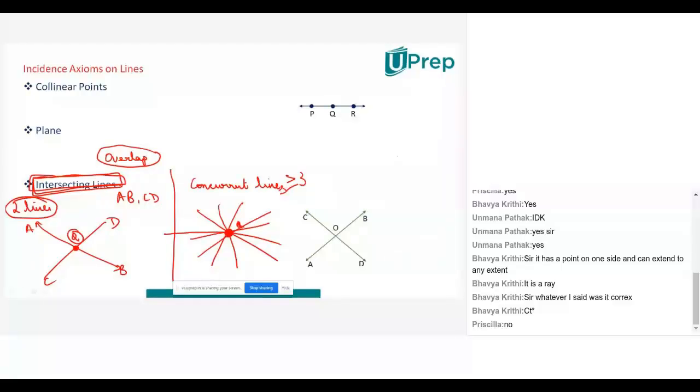So you're telling me I had a triangle. I opened it up. This is how it became, right? Yes, sir. Okay. Now, when I open this up, you're talking about collinear.